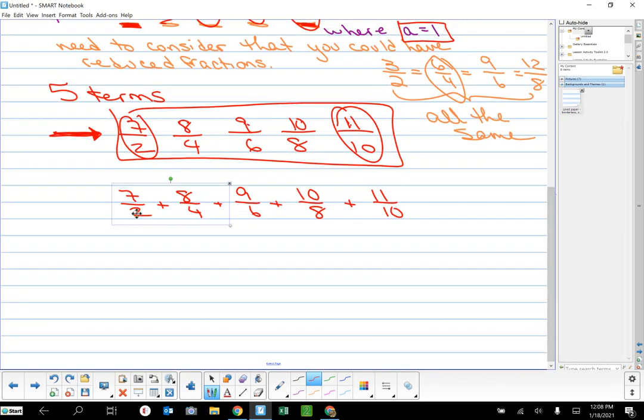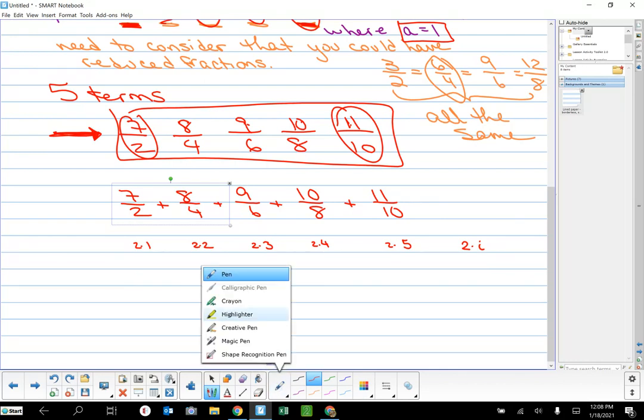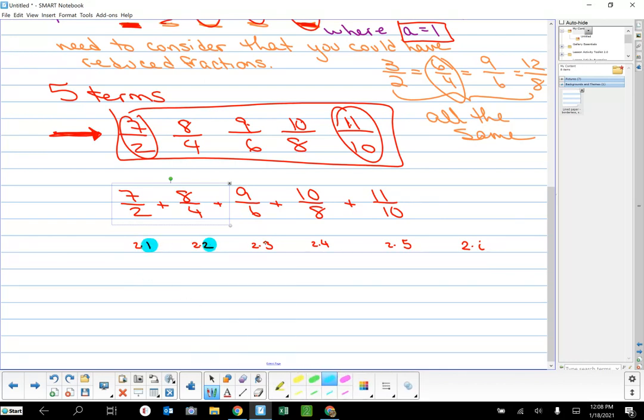Okay, so I want to look at A is 1, A is 2, A is 3, A is 4, A is 5. Well, these are clearly 2 times 1, 2 times 2, 2 times 3, 2 times 5. I'm looking at just the denominators. So this is 2 times i, where the i's go 1 through 5.